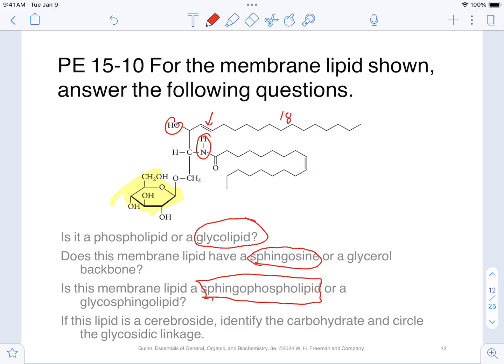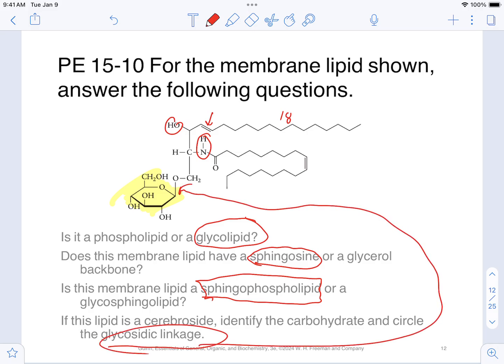And lastly, if this lipid is a cerebroside, identify the carbohydrate and circle the glycosidic linkage. So our carbohydrate is highlighted in yellow, and your glycosidic linkage is right here, from your anomeric carbon to that oxygen.